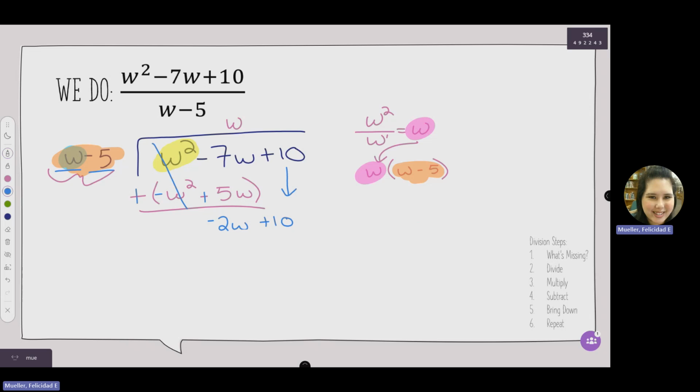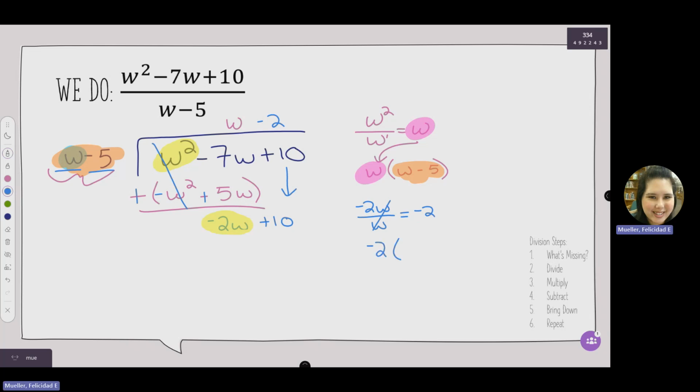All right, so now we're just going to repeat. So we take this -2w and divide it by w. So -2w divided by w. The w's would cancel each other out, and we're left with -2. So -2 is my multiplier.